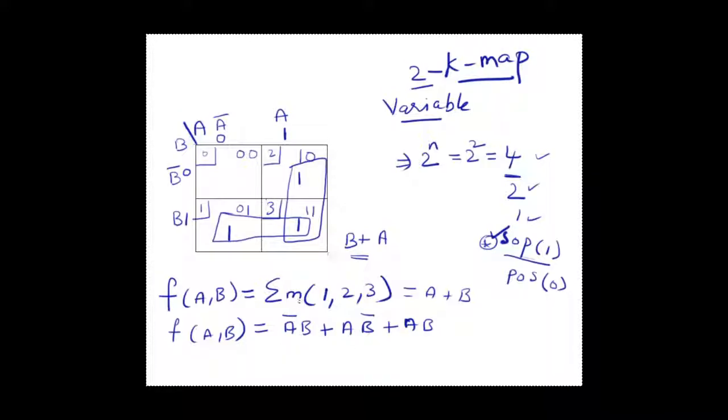That means where is A bar B? This is A bar and this is B. So here you will get a 1. Next, A B bar. This is A and this is B bar. So here we'll place a 1. Then AB. This is A and this is B. So here you'll place a 1.